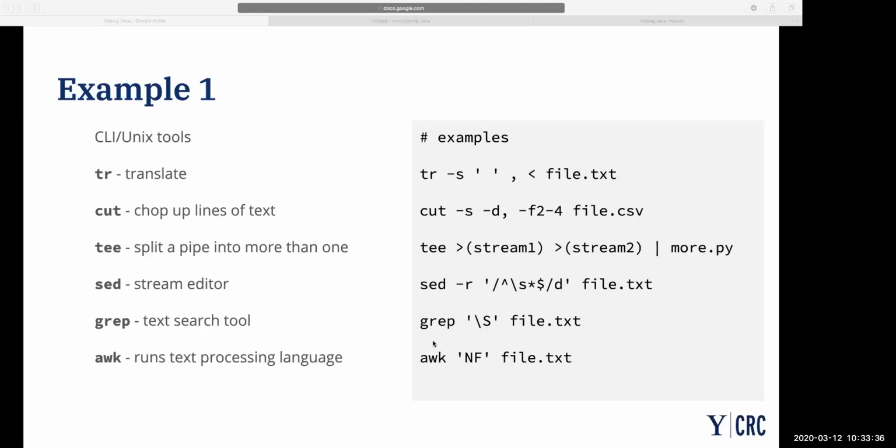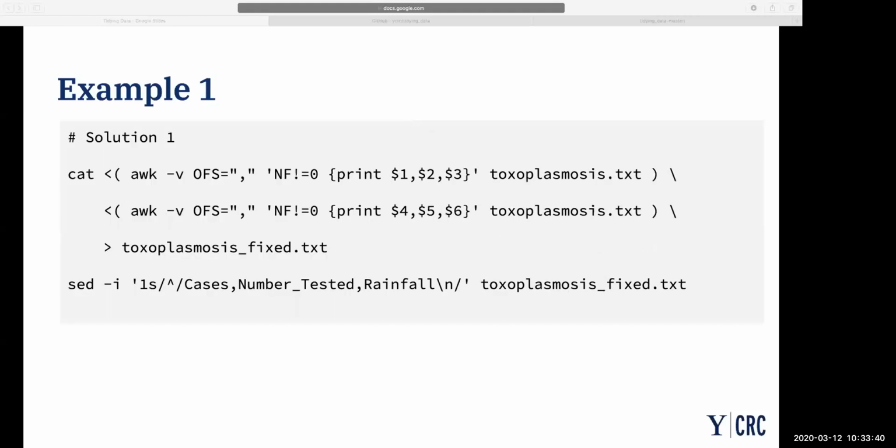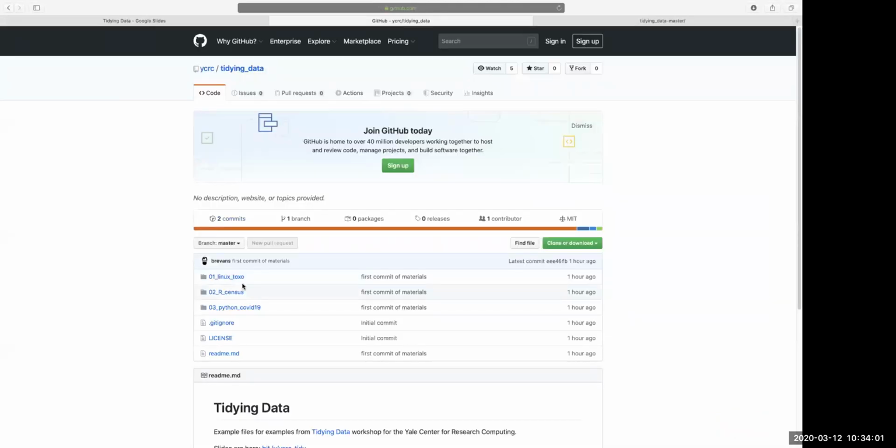Okay, so I'm going to continue to what I called solution 1 for this example. I'm going to walk you through this. I have solution 1 and solution 2, and both of these are available on the GitHub page as scripts. Let me flip over there.